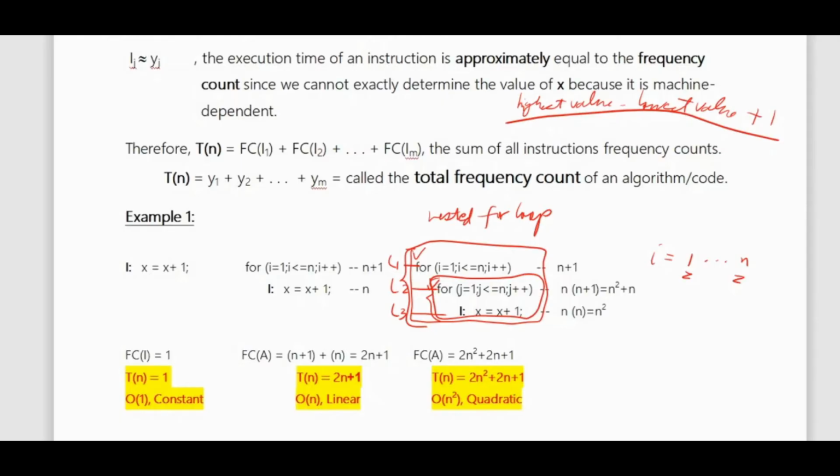So this would be n minus 1 plus 1, and so the number of iterations of this outer for loop is n, okay?